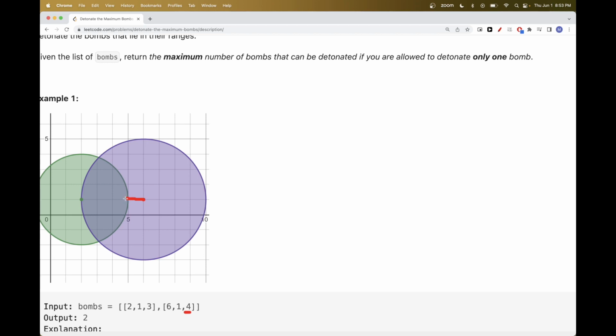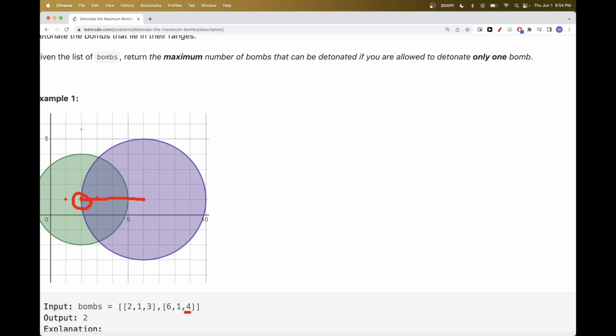So it's 1, 2, 3, 4, and the center of the green bomb is here. So you can see the center is right in the radius of the purple bomb. It's right at the end. If it was here, it would get detonated. If it was here, it would get detonated. But if the center was, let's say, here, the green bomb wouldn't be detonated because it's not in the radius, right?